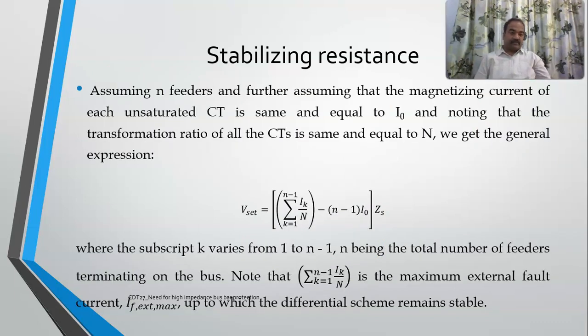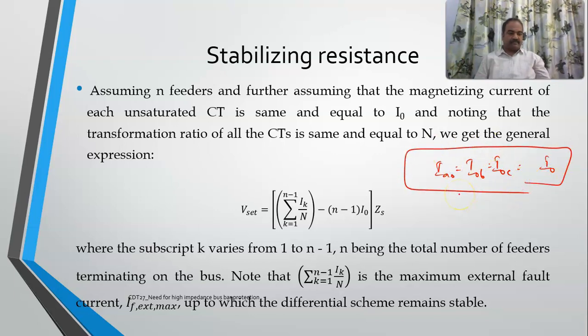Now if I assume that there are n number of feeders, let us suppose incoming feeders. And I'll assume that all the magnetization currents, IA naught, I naught B and I naught C, etc., are all the same, and it is I naught.